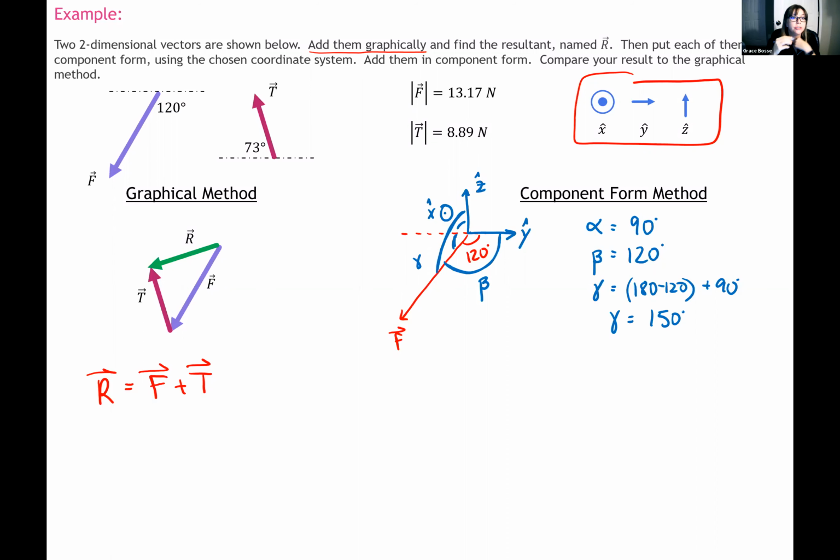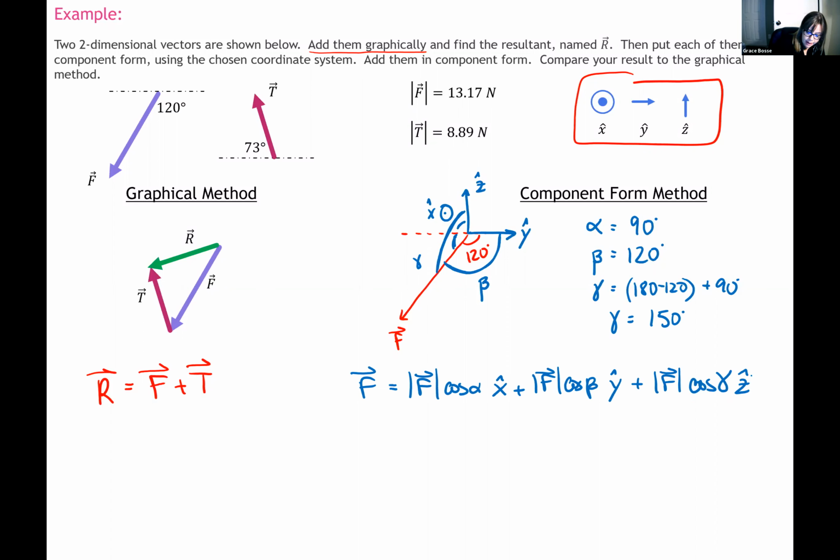Now I'm going to put it into that generic expression for a vector. So vector f is going to be the norm of vector f times cosine alpha, multiplied by x hat, plus the norm of vector f times cosine beta, all of that times y hat, plus the norm of vector f cosine gamma z hat. All right, let's plug in our numbers.